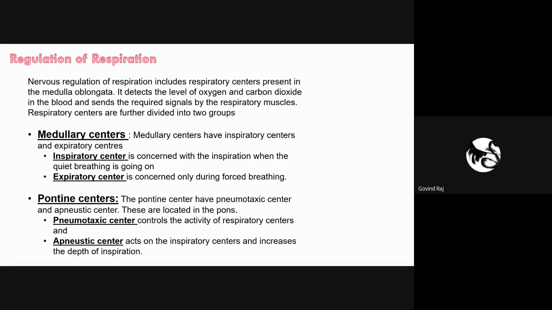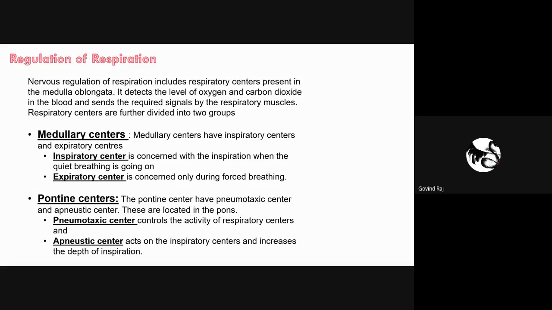When we exercise more, we develop more carbon dioxide, because the energy requirement is high, so there is more cellular respiration and more cellular metabolism. So more energy is produced, as well as more carbon dioxide. In order to remove this carbon dioxide, we expire forcefully. This is controlled by the expiratory center in the medulla.